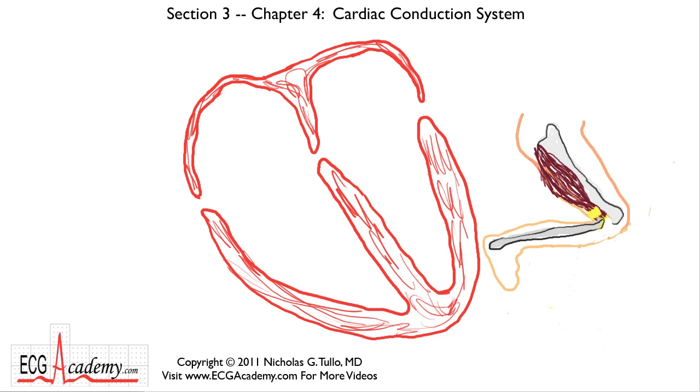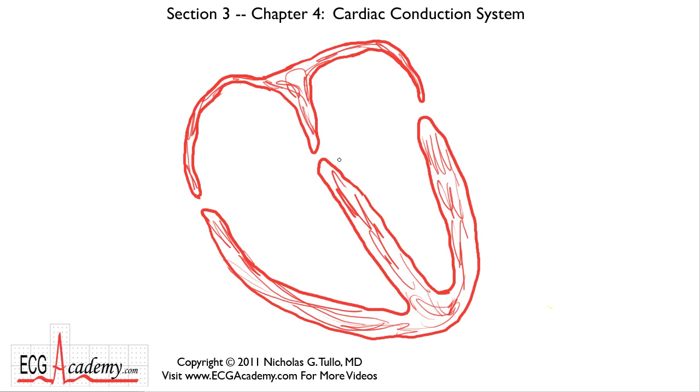Well, of course, there are no bones in the heart, but there is a fibrous skeleton. And the fibrous skeleton surrounds the heart and separates the top and bottom chambers. This fibrous skeleton is what the heart valves are connected to.